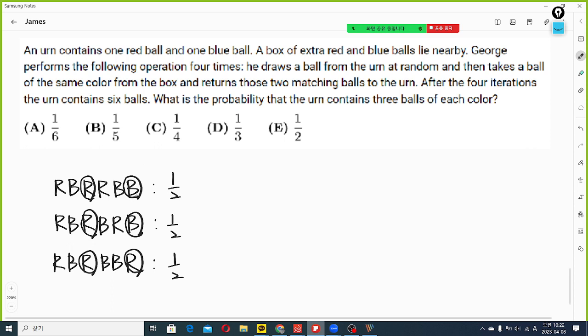If we pick blue balls last, originally there were three red balls and two blue balls. And if we pick the red balls last, originally there were two red balls and three blue balls. So the last probability is always 2 over 5.